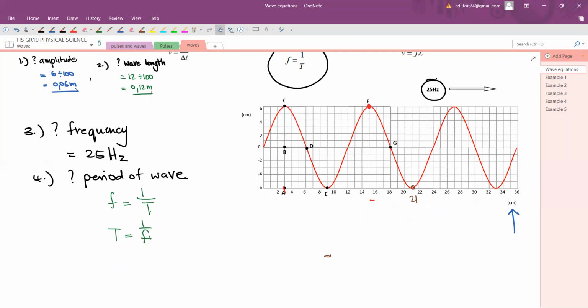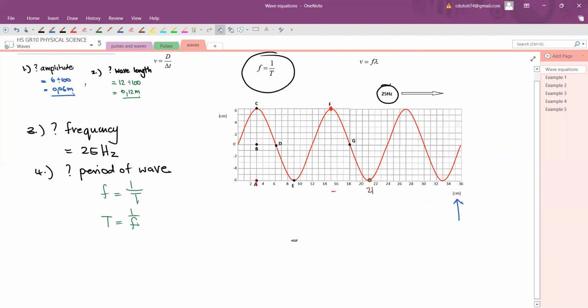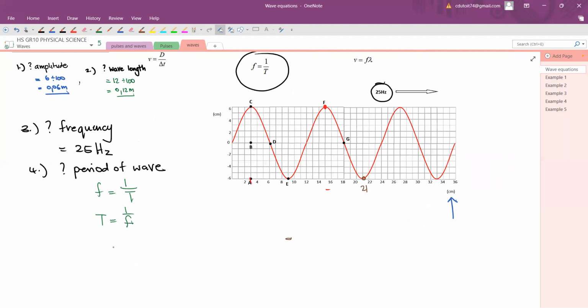Please tell me that you understand what I've done. Yes, sir. Okay, so T is 1 over 25. Type that in your calculator. That is 0.04 seconds. It's not difficult.